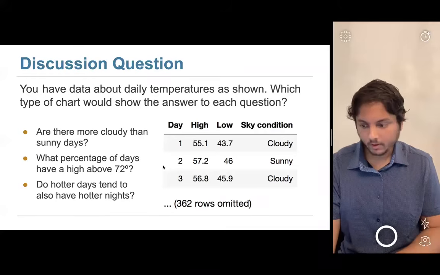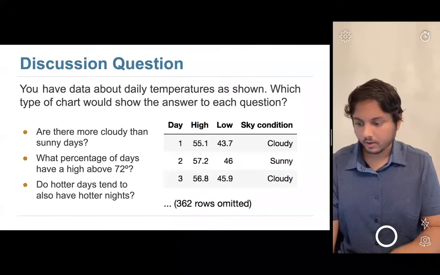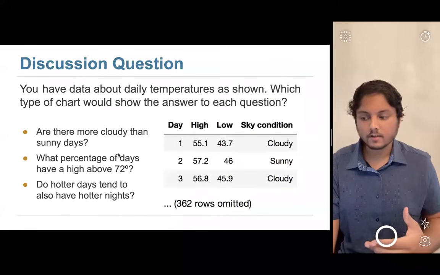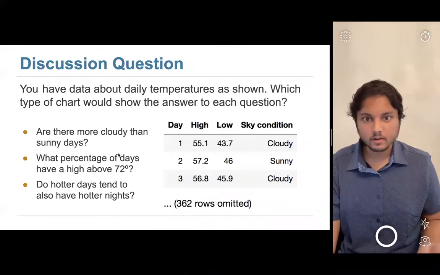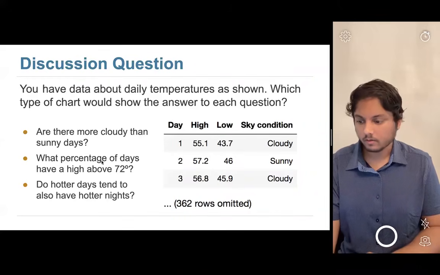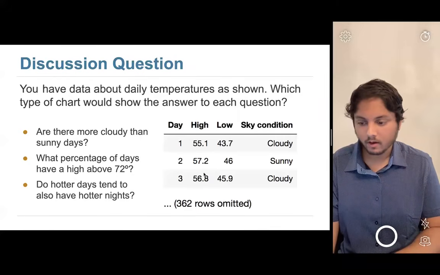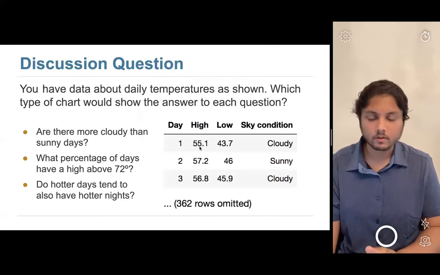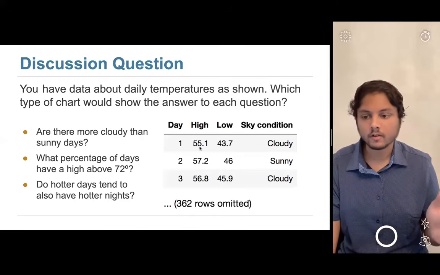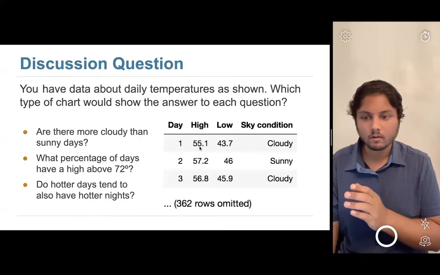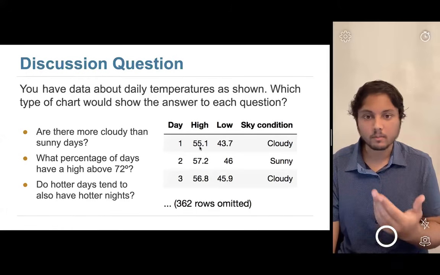So good job there. Second one: what percentage of days have a high above 72%? Well, 72 degrees, not 72%. The highs is a column here, and these are all numerical values. So for this one, we probably want to use a histogram. We could look at the distribution of all the different highs, and then get a sense of what percent of the highs are above 72.